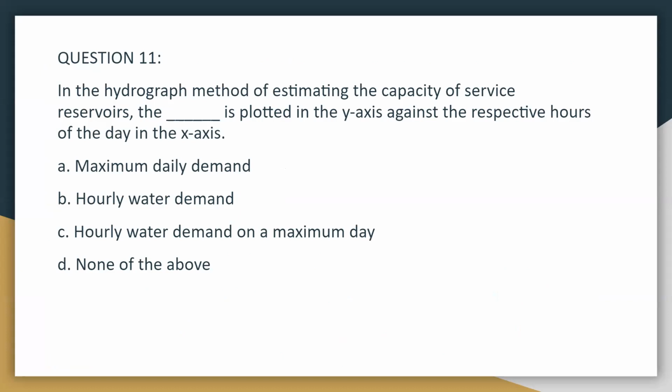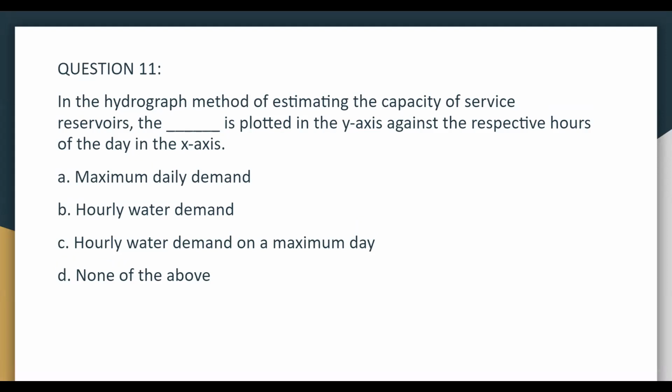So in the hydrograph method, what is the y-axis and what is the x-axis is the question here. They have said hours of the day is the x-axis. What is the y-axis? Mujahid has said B, Kiran has said C, Mujahid has again said B.